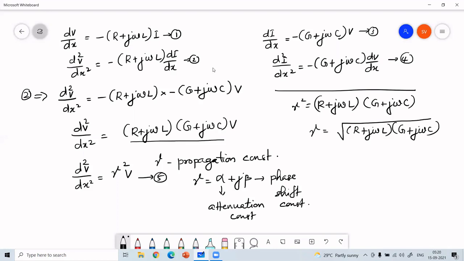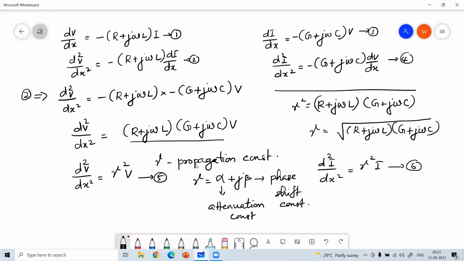In a similar fashion, we can write the expression for d squared I by dx squared. So d squared I by dx squared can be written as gamma squared into I, equation number 6. These two equations, equation numbers 5 and 6, are known as the telegraphy equations or the transmission line equations.